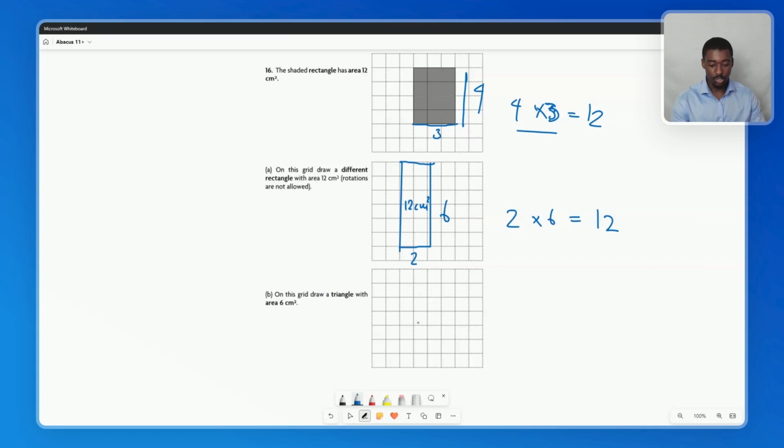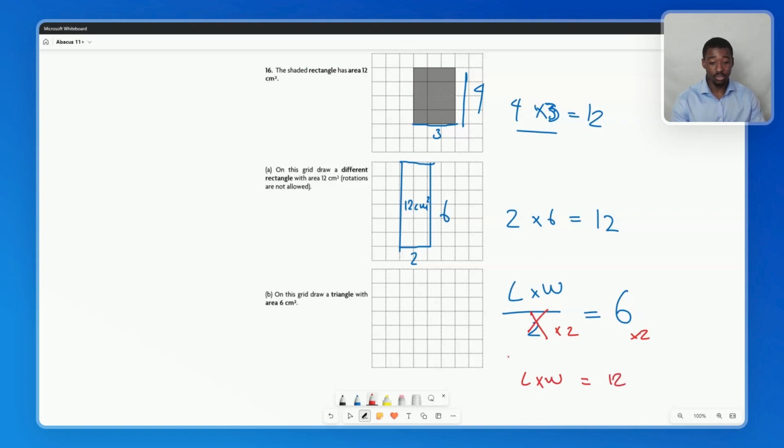Well, how do we do this? Well, we know the area for a triangle is length times width divided by 2. And we want this area to equal 6. So we can rearrange this equation by multiplying both sides by 2. That cancels out the division and leaves us with length times width equals 12, because 6 times 2 is 12.